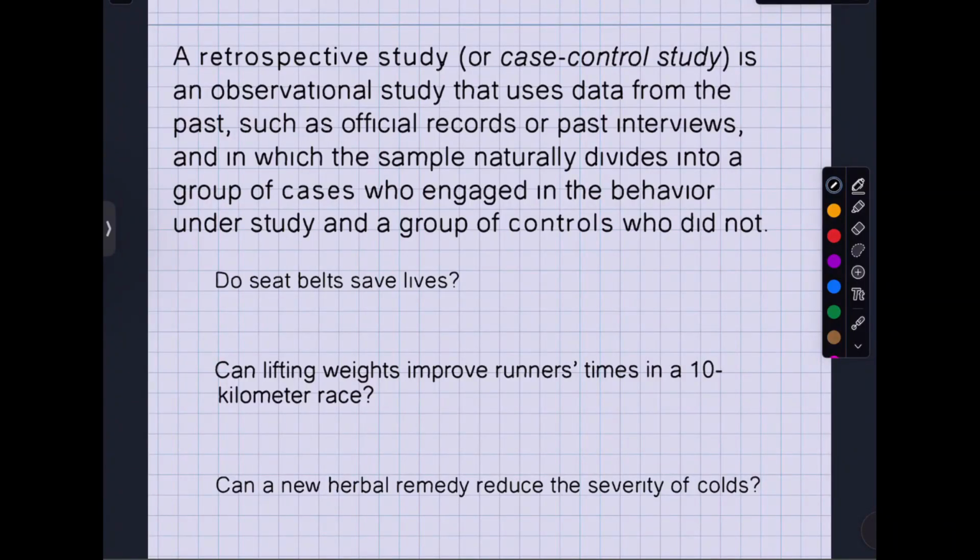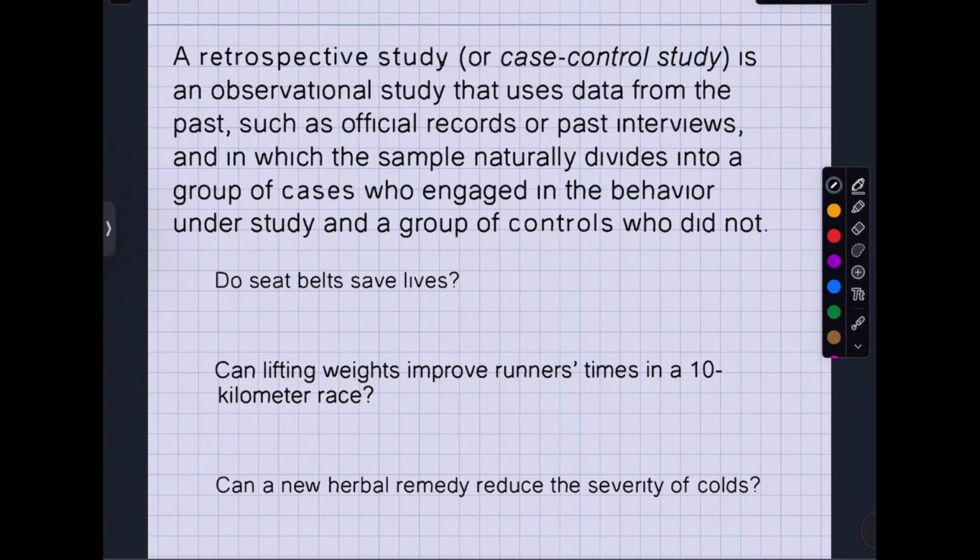I'm trying to wrap my head around it, actually. A retrospective or case control study is an observational study that uses data from the past, such as official records or past interviews, in which a sample naturally divides into a group of cases who engaged in the behavior under study and a group of controls who did not.